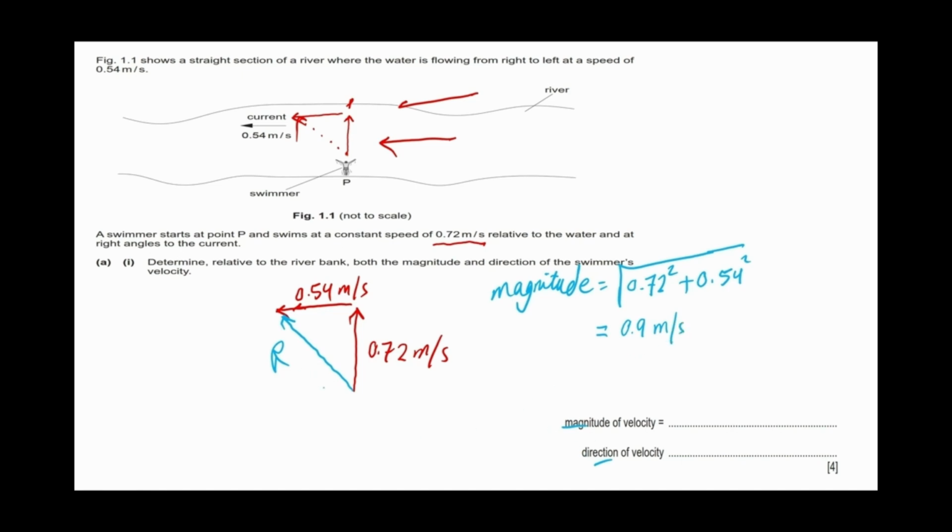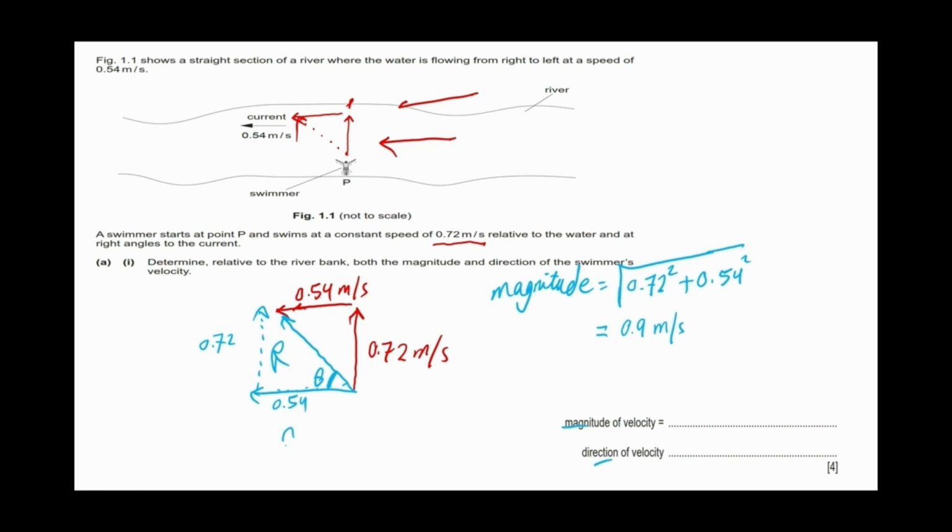Okay, what about the direction? The direction means we need to get the angle with the horizontal, the river bank. Look at this. This is the river bank here, and we need to get the angle here. How to get the angle? We get this opposite, which is 0.72 over the adjacent, which is 0.54. Look at this.